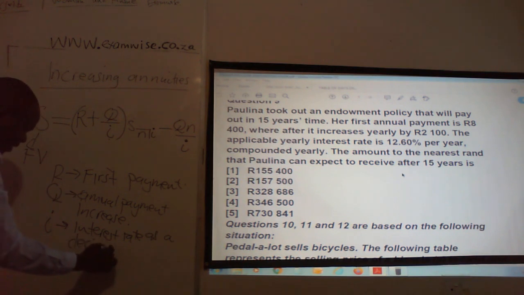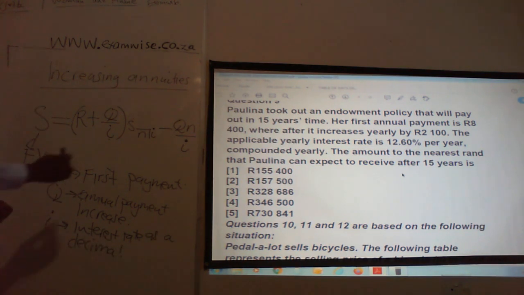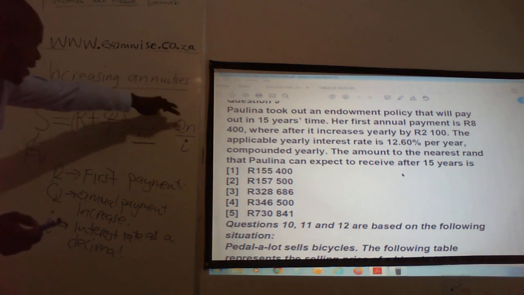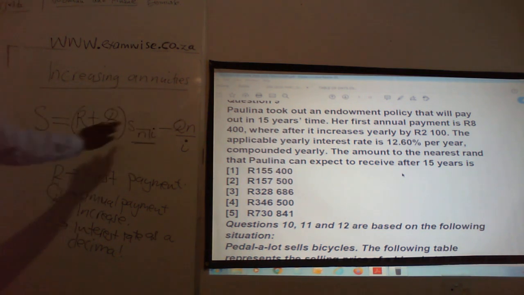And then this one, I'll come back to it. Here we already have Q, so we are done with Q, our annual payment increase. Here we are done with I, interest rate as a decimal.